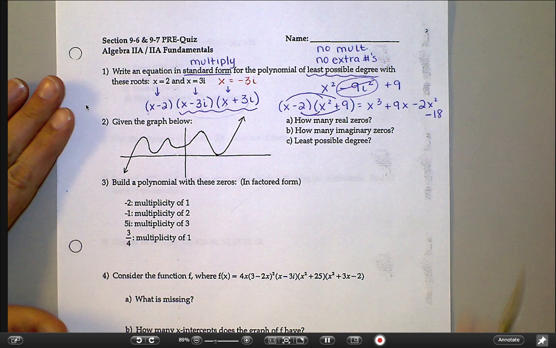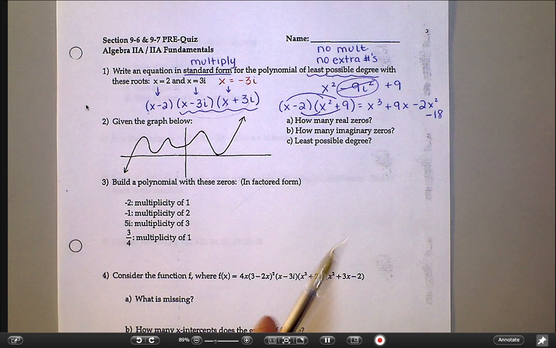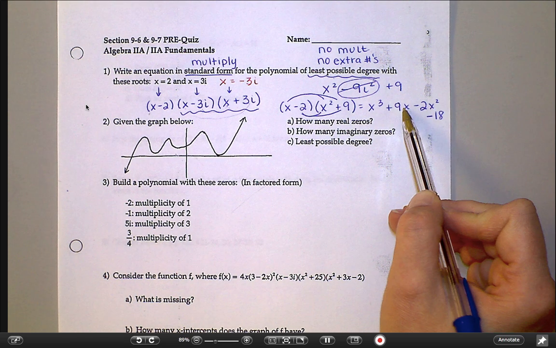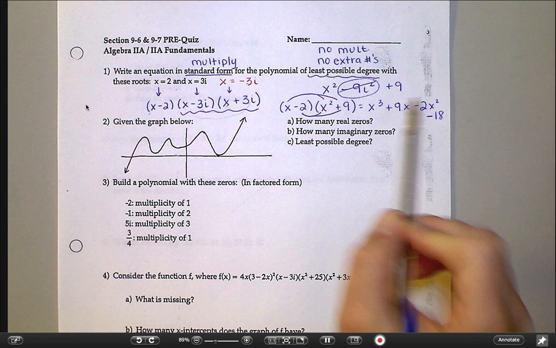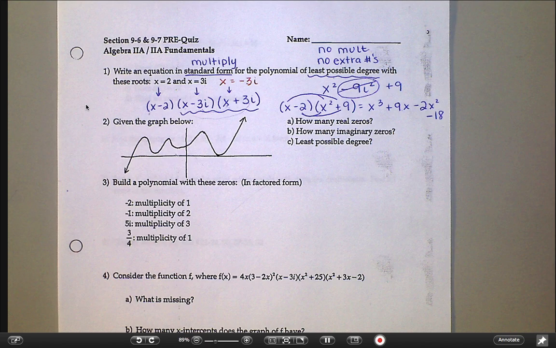Okay. And I sort of ran short on space there, but that would be my polynomial in standard form. I'm lying a little bit. Technically, standard form, these should be in the opposite order. I should have my x squared first and then my x. If I had more space, I would rewrite this thing, but as long as you can get to this part, I think switching pieces around at the end is not too bad, okay?